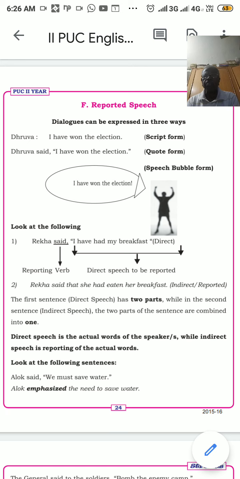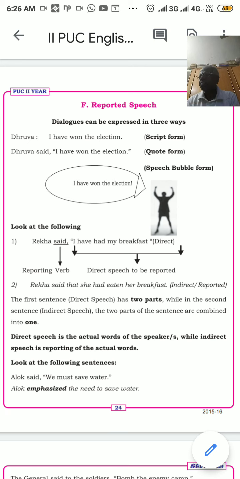Script form, that is, Dhruva: I have won the election. And the quote form, quote means quotation. Dhruva said, inverted commas only, I have won the election. Bubble form, it is just put in a bubble, I have won the election. Anyway, these are the 3 forms of reported speech.